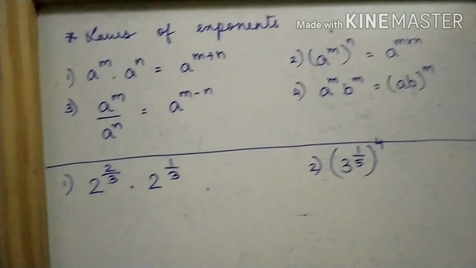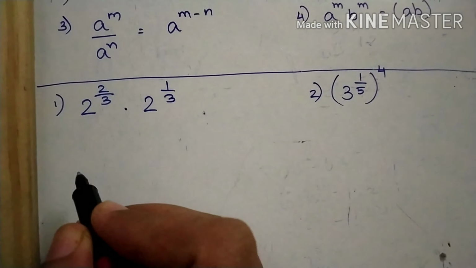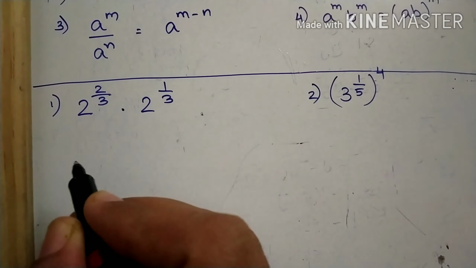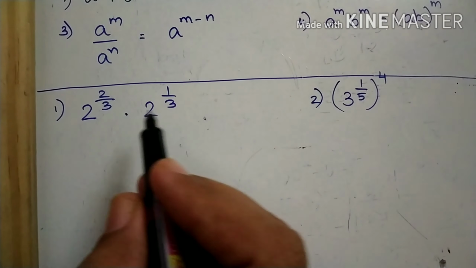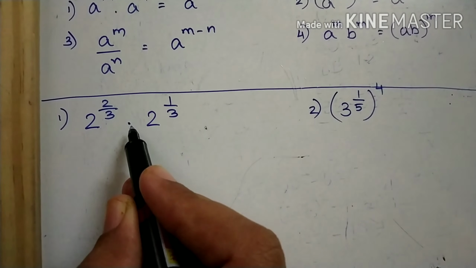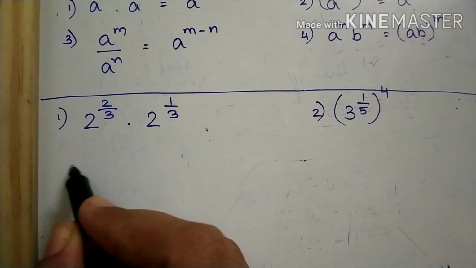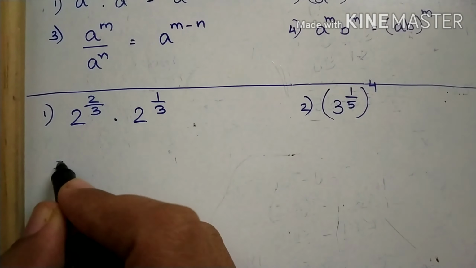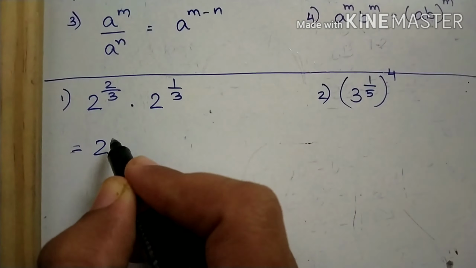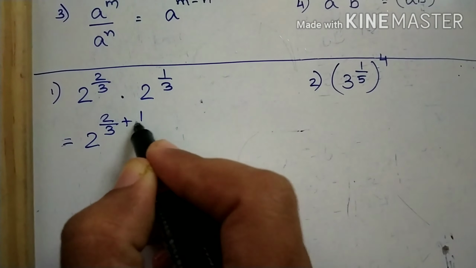Okay, now first I have taken one example relating to the first one. Here 2 raised to 2 upon 3 into 2 raised to 1 by 3. So your base is the same, 2 and 2. Since this dot is there, that means multiplication, we will add both the powers. So it will be 2 raised to 2 upon 3 plus 1 upon 3.